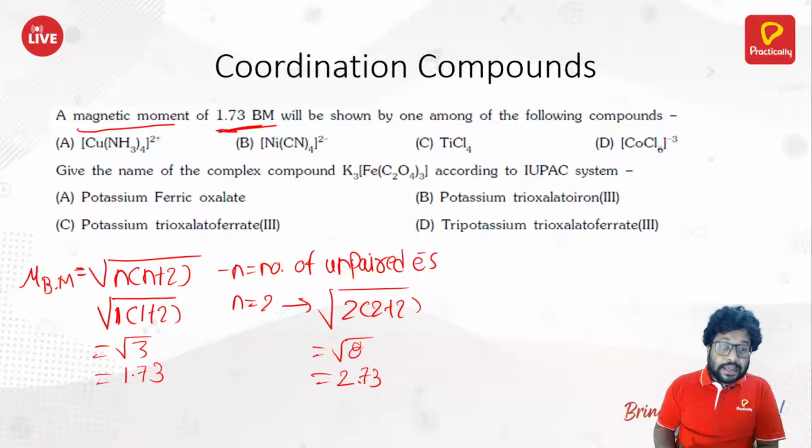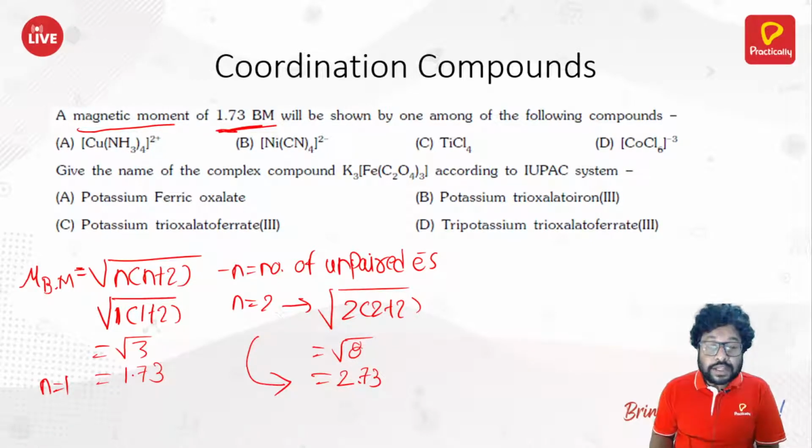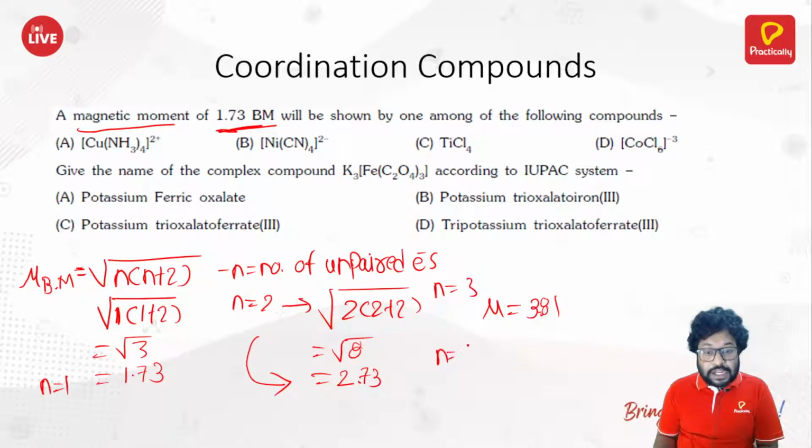So basically, if the number of electrons n is 1, mu is 1.73. If n is 2, it is 2.73, something like that. If n is 3, your mu goes somewhere around 3.81 or something like that, but it is again 3 only. If n is 4, your mu goes somewhere around 4.89.